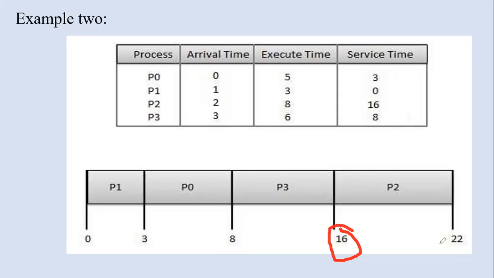And then the last process, process P2, will complete being executed at time 22, which will be the execution time of P1 plus P0 plus P3, and then plus its own execution time. That will be 3 plus 5 plus 8 plus 6, giving 22.